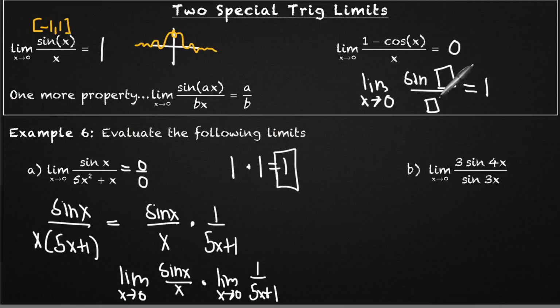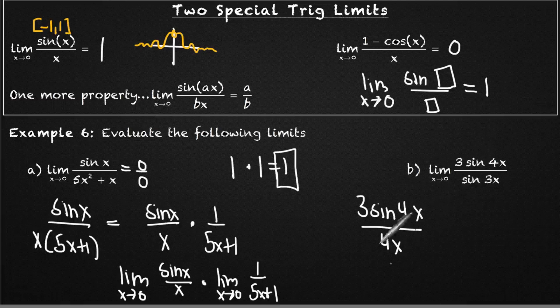It could be sine of dog over dog, sine of cat over cat. It doesn't matter. So what you want to do here is try to get this particular situation to occur. So we're going to say 3 sine of 4x over, and I'm going to just put a 4x on the bottom here.